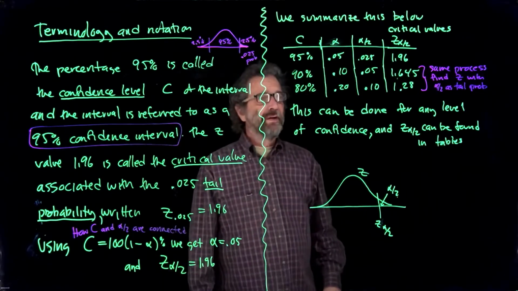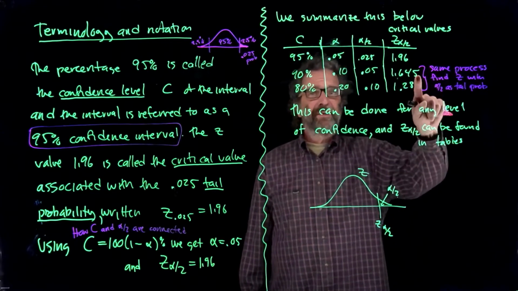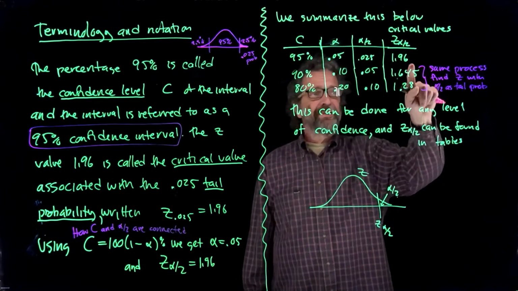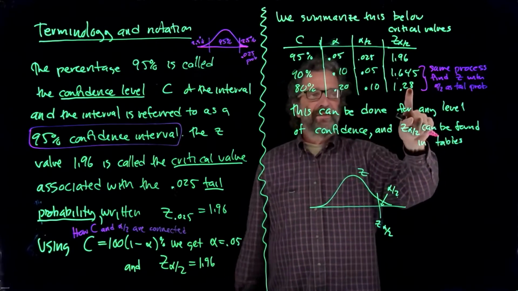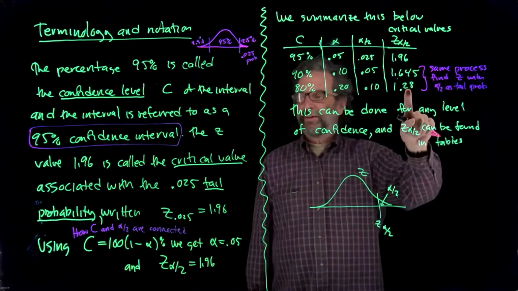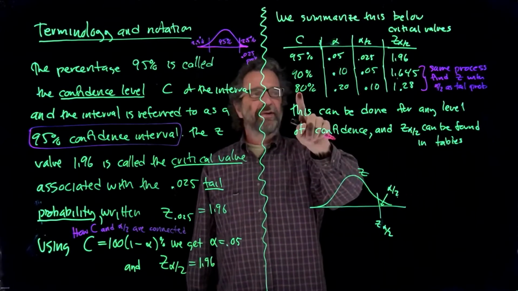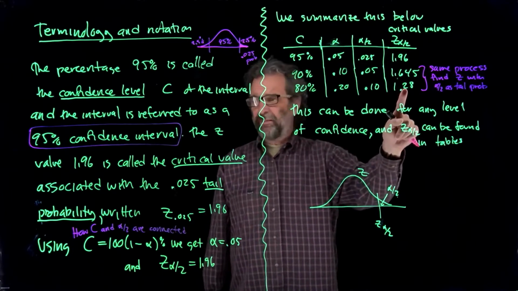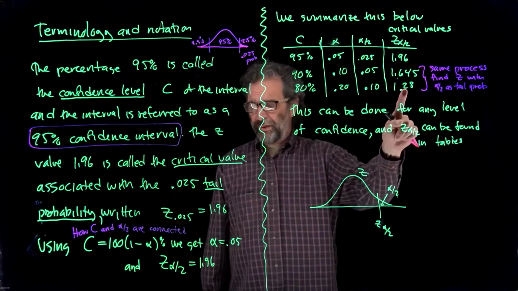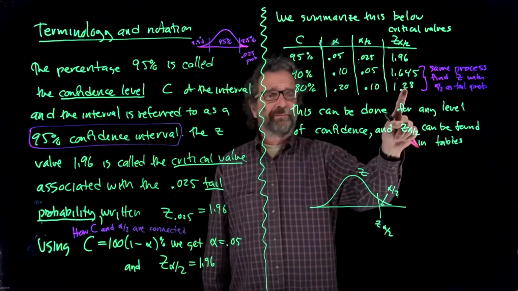So people that work with confidence intervals, they know these numbers by heart because they come up. 1.96, 1.645, this is 1.282, we just know them. They rounded it to 1.28. That's the critical value associated with this tail probability that you would use with this level of confidence.